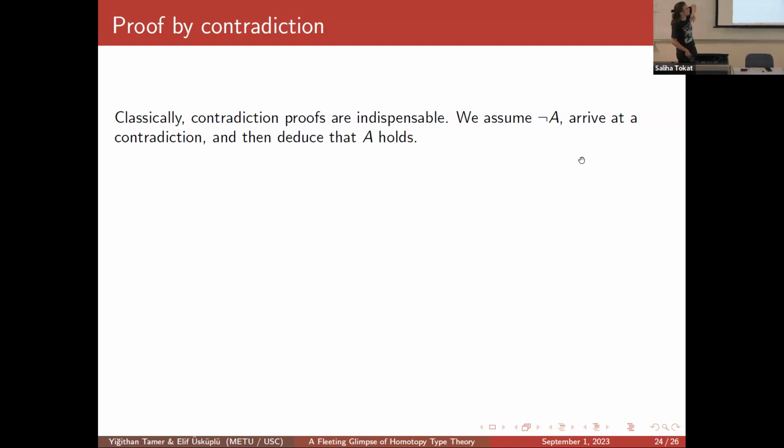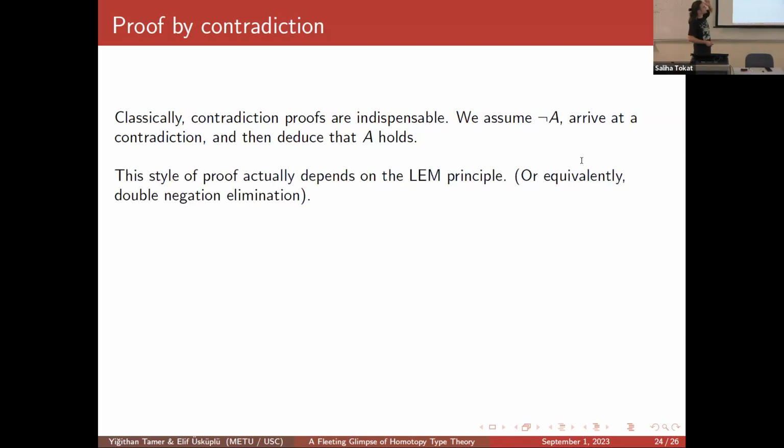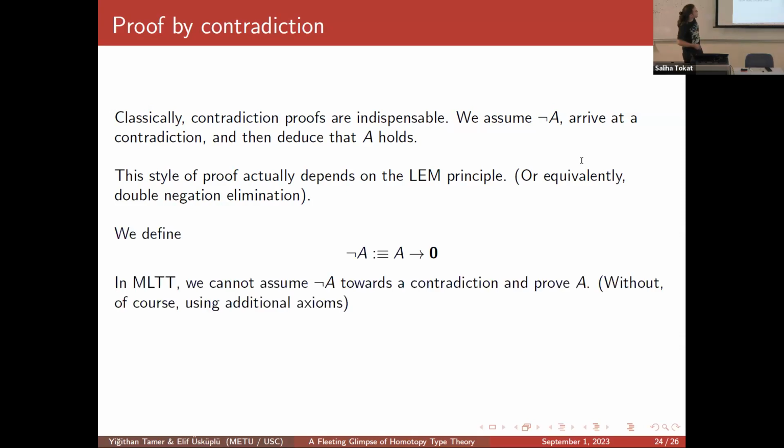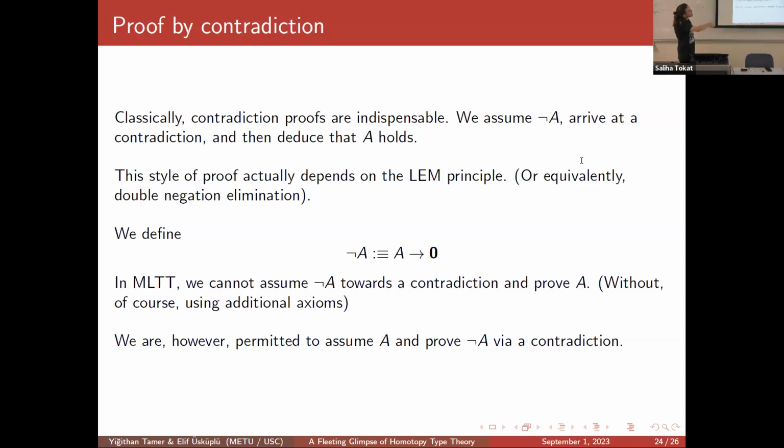That doesn't take place in constructive mathematics. Anyway, classically what you do is you assume not A, you arrive at a contradiction, and you say, hey, then A is true, right? And that logical principle actually depends on double negation elimination or the law of excluded middle.